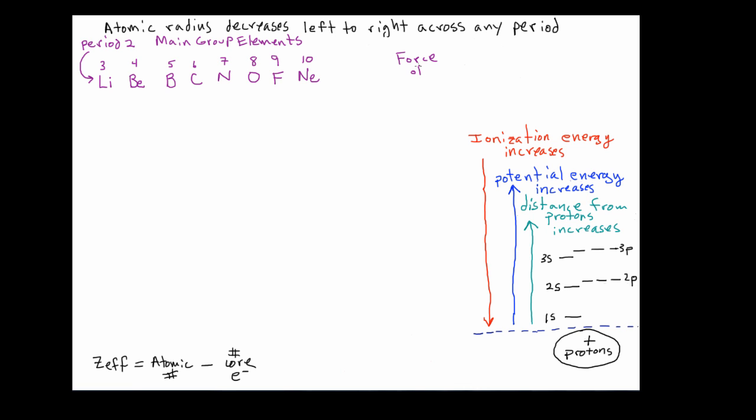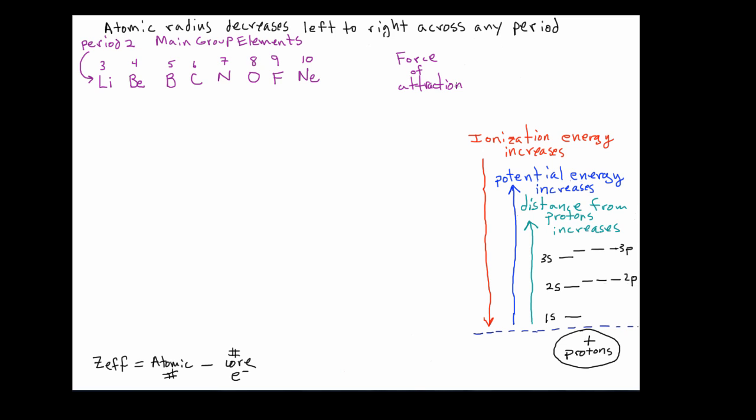So force of attraction, right? So literally how hard we're pulling on the electrons, because what you need to remember is that the electrons are the particles that are on the surface of the atom. They are the particles that determine literally how thick the atom is, right? What its size is, because the electrons represent what creates the surface of the atom.